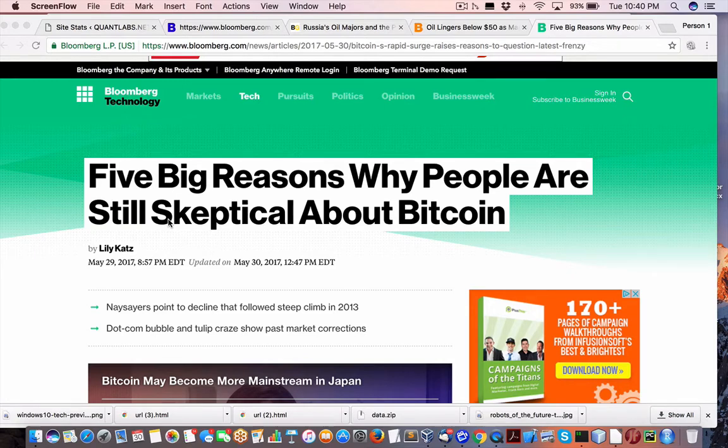And I've said this time and time again. You can either trade like a mathematician, you could trade like a computer scientist, or you could trade like a trader.